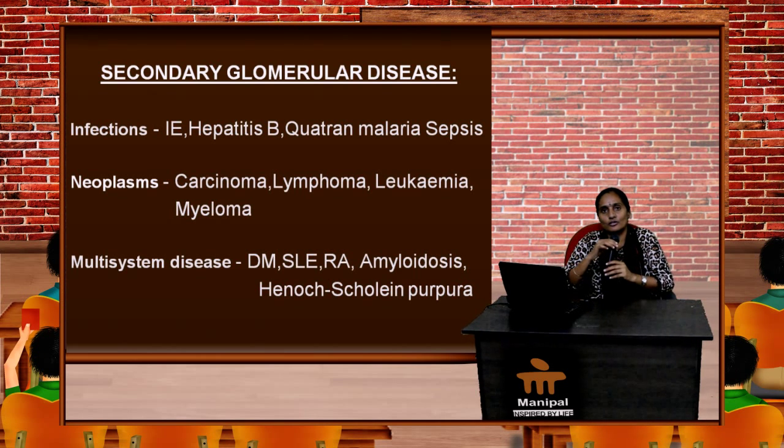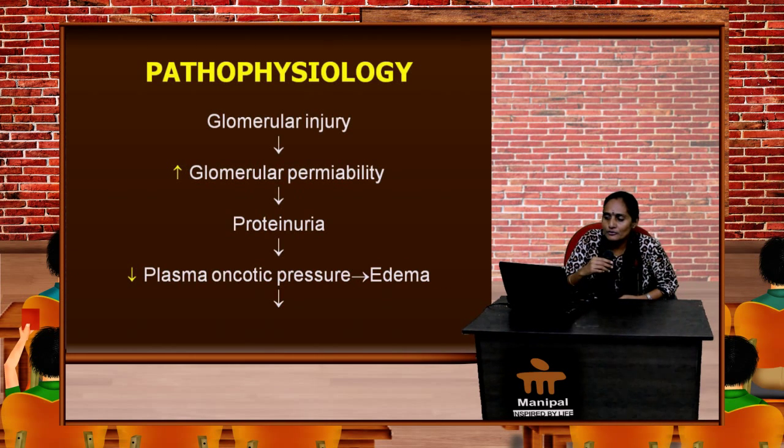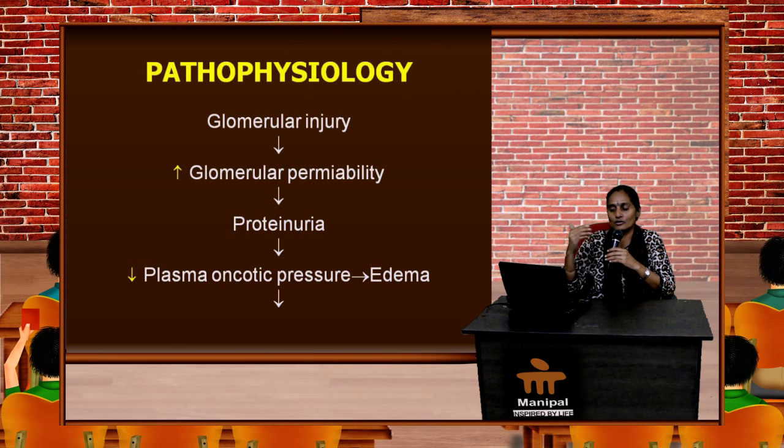Let's come to the pathophysiology in a nutshell. Here you see there is a primary glomerular injury. The intact glomeruli are injured, and then there will be a cascade of reactions. This will lead to increased glomerular permeability, which leads to proteinuria, which can go up to massive proteinuria, and we have a resultant reduction in the plasma oncotic pressure, which is an immediate cause for the peripheral edema.